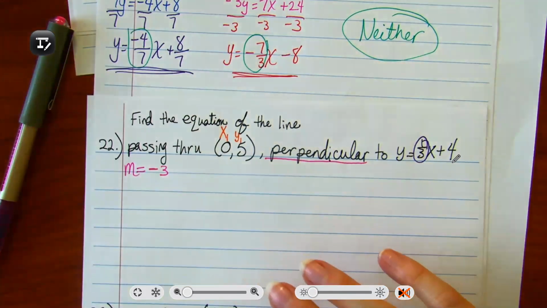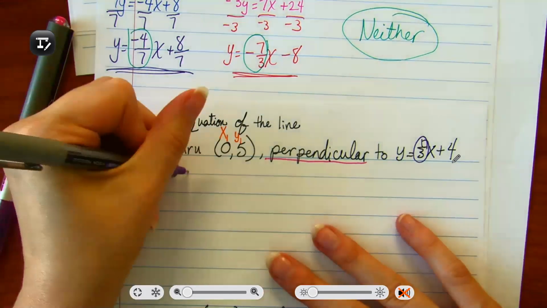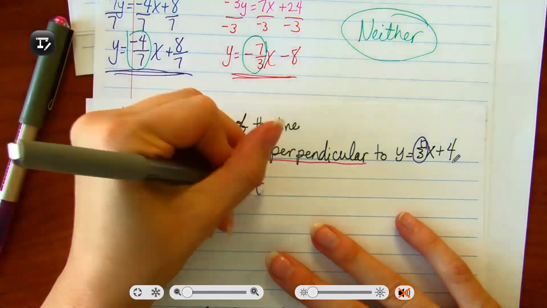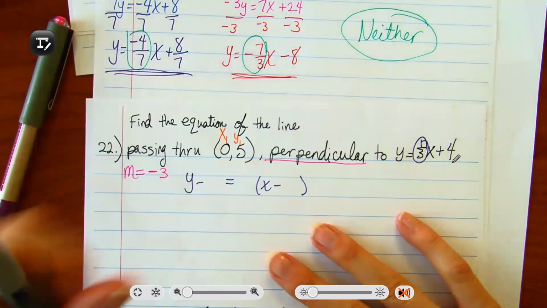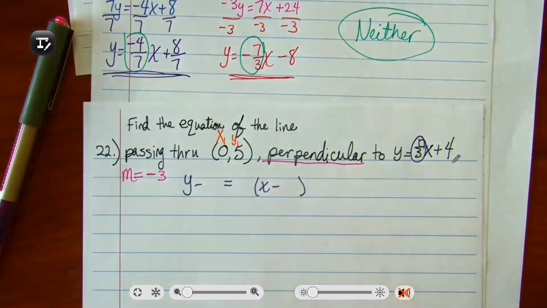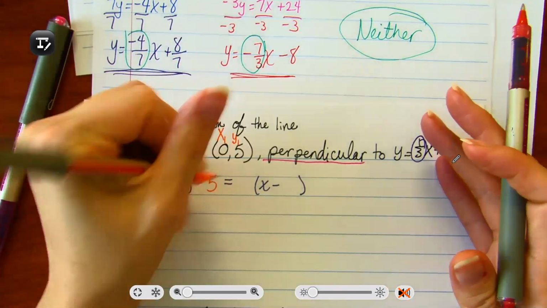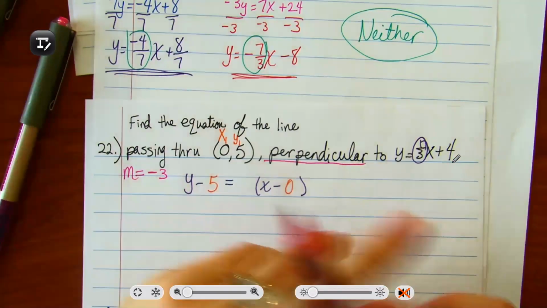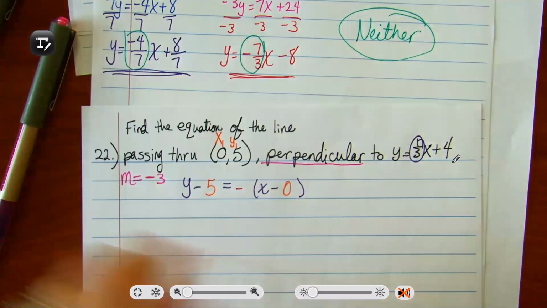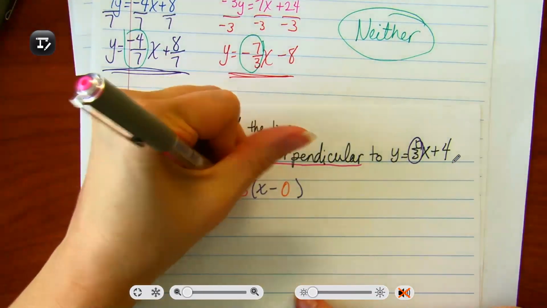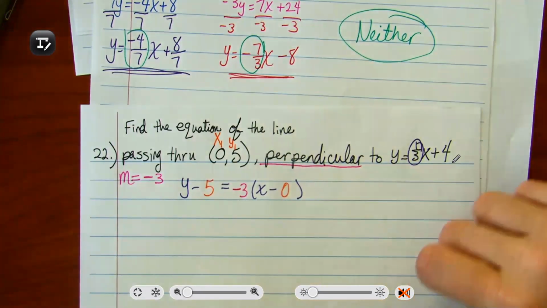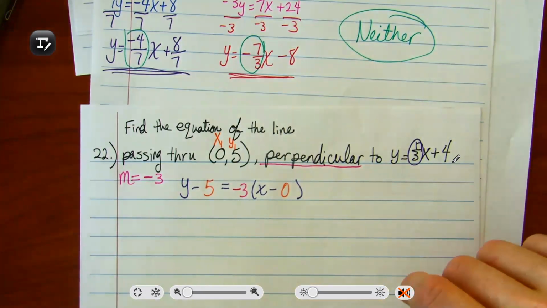Then we have x1 is 0 and y1 is 5. And then we're just going to use our point slope formula. So it would be y minus 5 equals -3 times x minus 0. So x minus 0 is x.